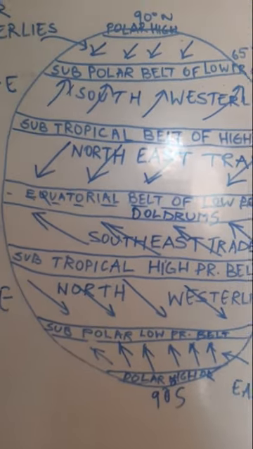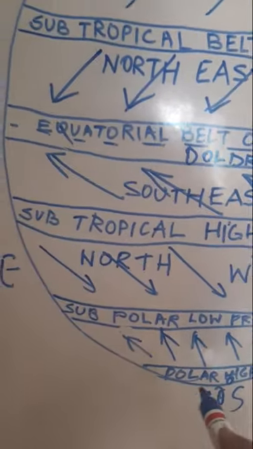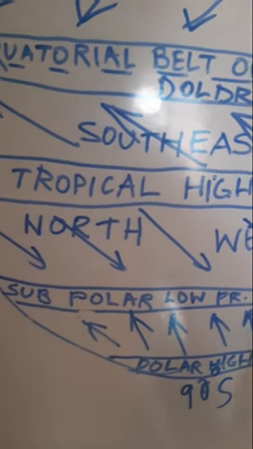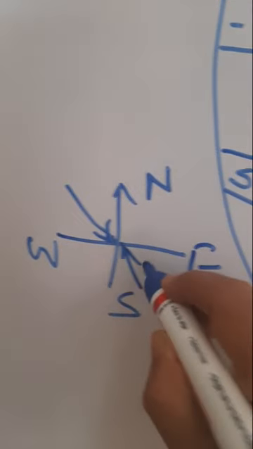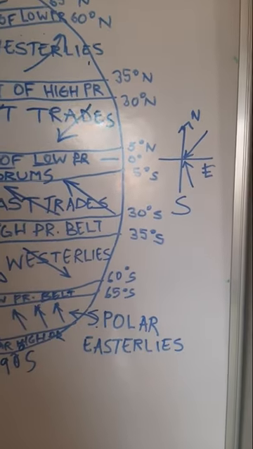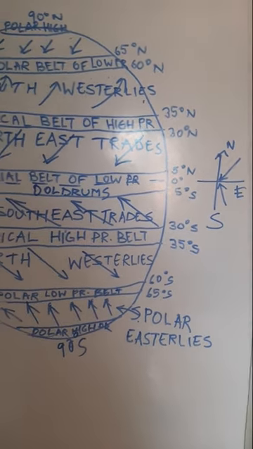So north and west, both of them are there. So the term northwesterlies. And again for polars, here it is coming from the east, and here it is blowing from the south, like it is blowing in this way. You can call it south polar easterlies, or you can simply write it as polar easterlies.